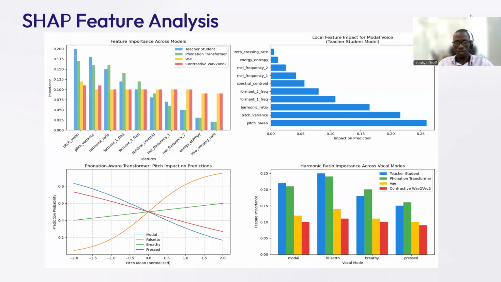So this is some of the visuals for the SHAP, and our features, which include pitch, the various harmonics, and so on. You can see that for the best two performing models, these features were very high, which does explain why they were giving us that score, the score being above the rest of the models.